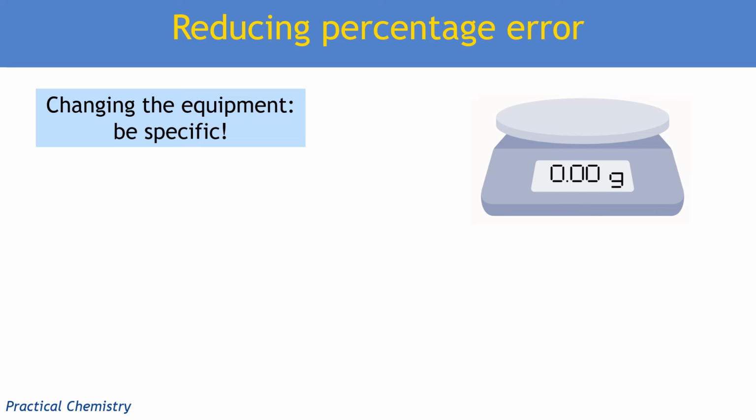So for example, you could say use a more precise thermometer. That would be a good way to reduce percentage error. It wouldn't necessarily increase accuracy, because actually digital thermometers are not that great.